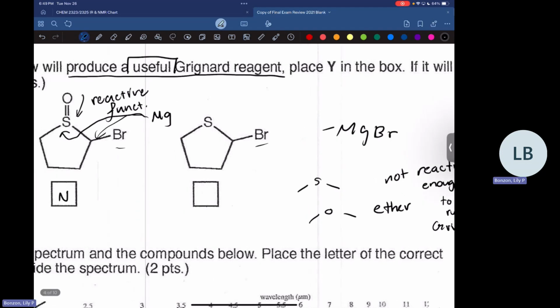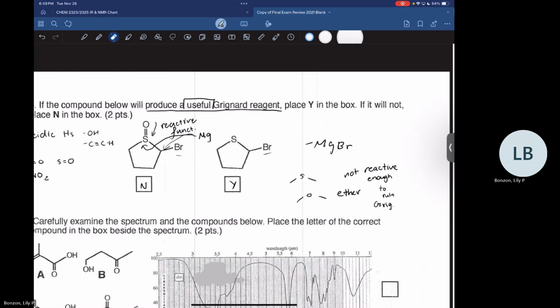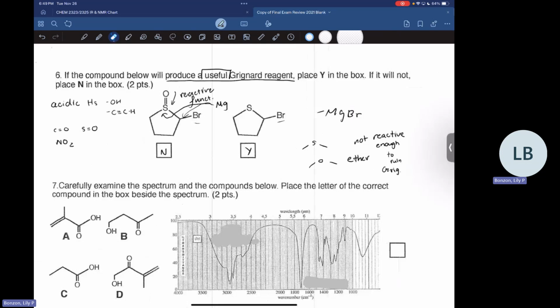So this one is actually going to be a yes. It's not reactive enough to ruin our reaction, so it will produce a useful Grignard reagent. Questions on that one?